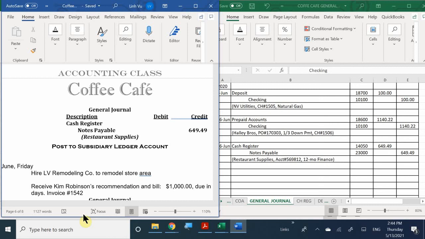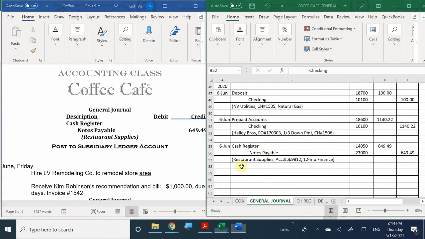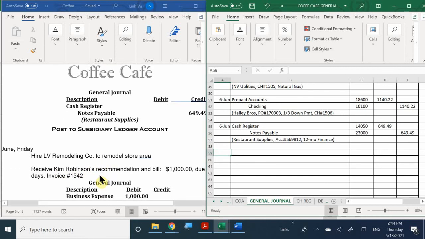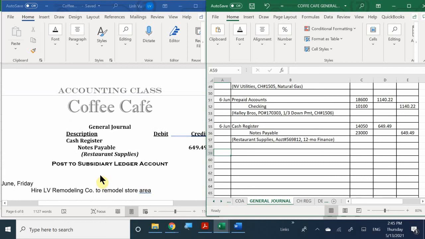Should we journalize this transaction? Why should we journalize this transaction? Well, we have an invoice. But it tells us the amount of when we have to pay it. Okay, so that's Kim Robinson. I'm talking about the very first one. We hired LV Remodeling.